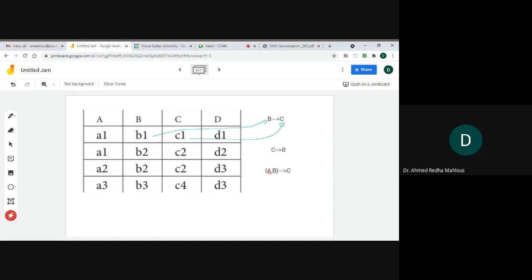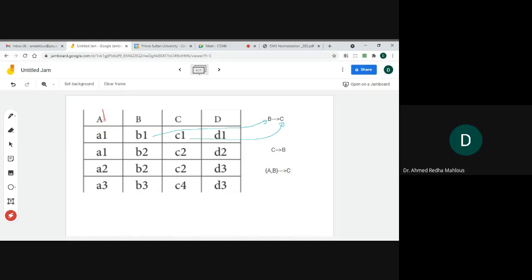AB means if I pick up an attribute from A and an attribute from B, the combination will give me the exact value for C. Yeah, there is a violation.